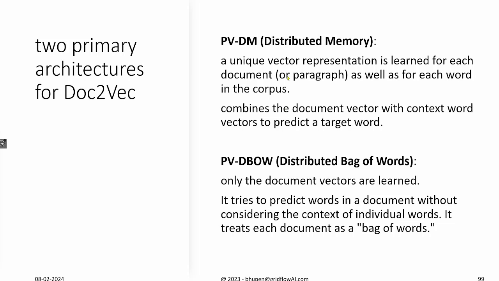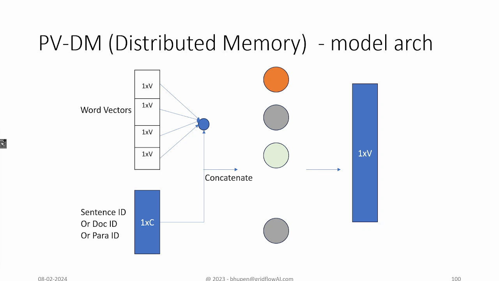I'm going to take one example here to illustrate what it looks like in terms of architecture and in terms of training. So here are the word vectors. Let's say V stands for vocabulary and you have 10,000 words, and you're going to have word representations randomly initialized first. Similarly, we would have a document vector as well, and that one is also randomly initialized.